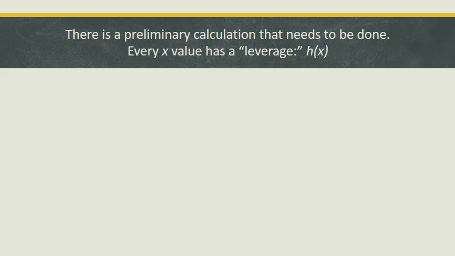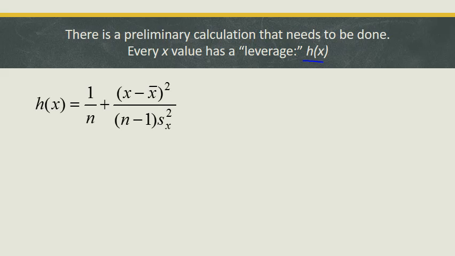Before we get into the confidence intervals, there's an intermediate step that needs to be done. This step is unique to regression, and it comes from the y variable's dependence on x. We need to calculate something called leverage. The notation for leverage is usually h, and it is a function of x.